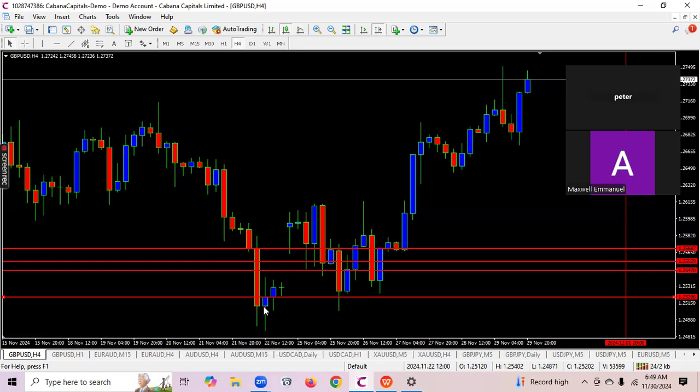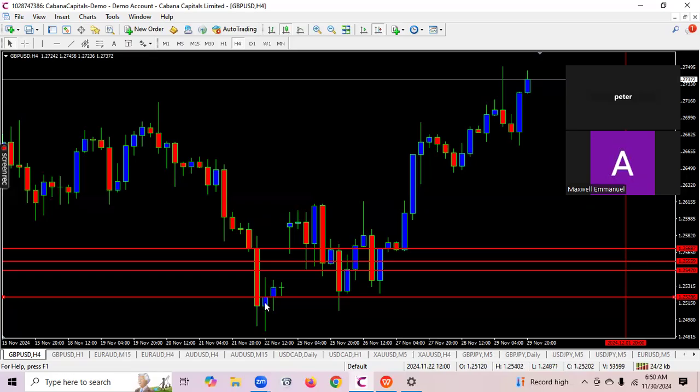So we have open, close, high, low. Remember, I told you those are the four prices displayed on the chart, the four pieces of information you deduce from the candlestick. That is why the chart is also referred to as an OHLC chart. OHLC is the abbreviation for open, high, low, close.